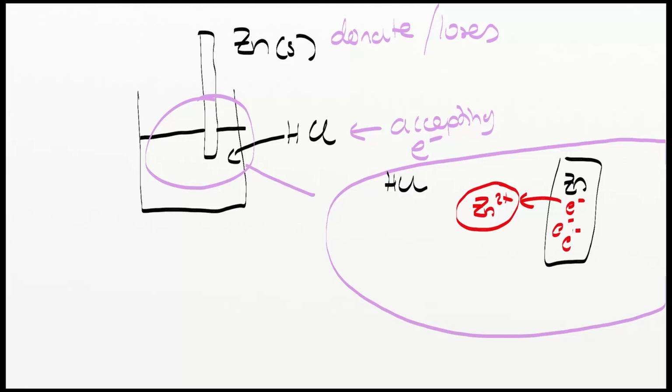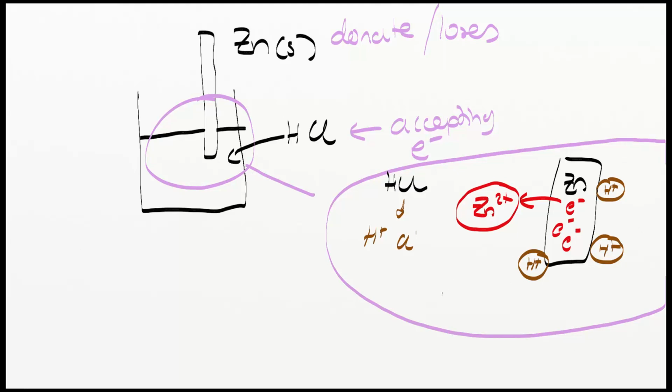So we have the same situation as before. However, this time HCl is really good at accepting electrons. So HCl splits up into H plus and Cl minus, and some H plus will be attached to the surface of the zinc. And H plus is good at accepting electrons.